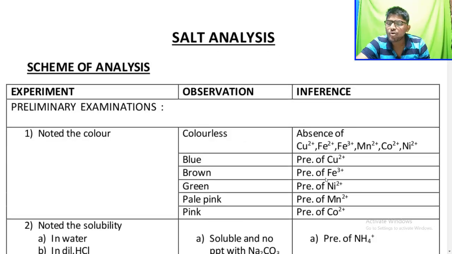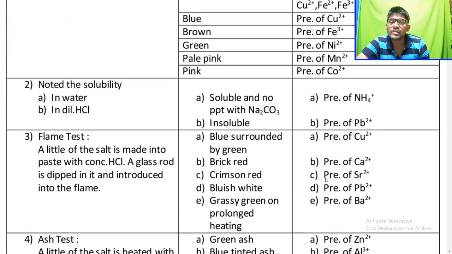Here, note for solubility: in water soluble and no precipitate with Na2CO3. And here it is not precipitate, I am sorry for that, it is presence of NH4+ in water. In dilute HCl, if it is insoluble, it is presence of Pb2+.